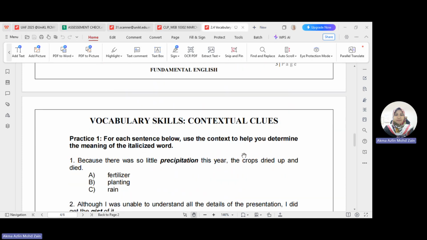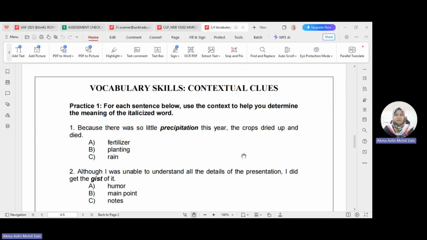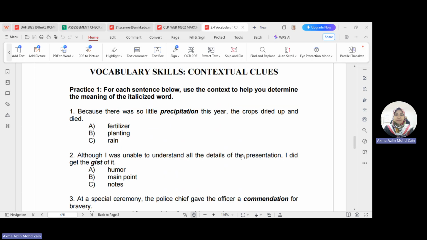Let's now look at practice one. Let me show you the first one. Because there was so little precipitation this year, the crops dried up and died. Now, ask yourself, what could precipitation mean? Think about the clue.